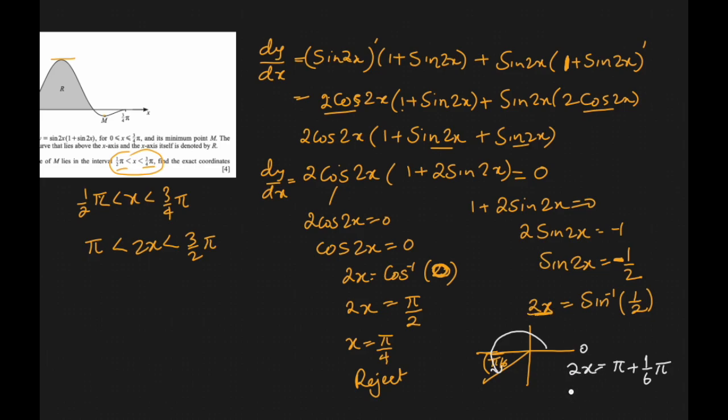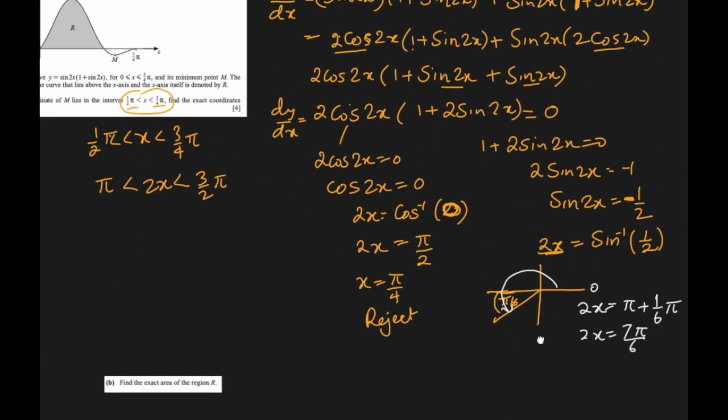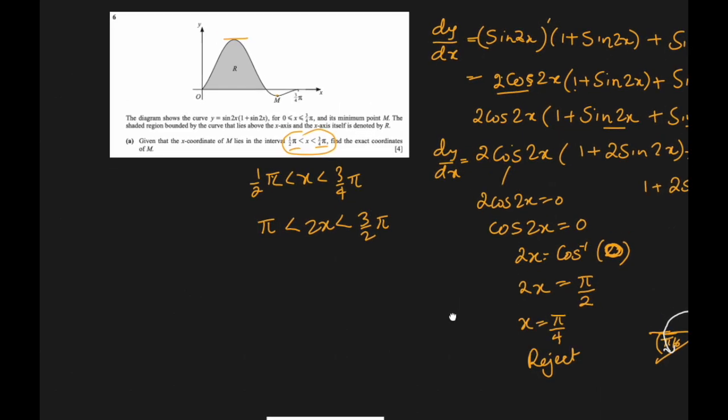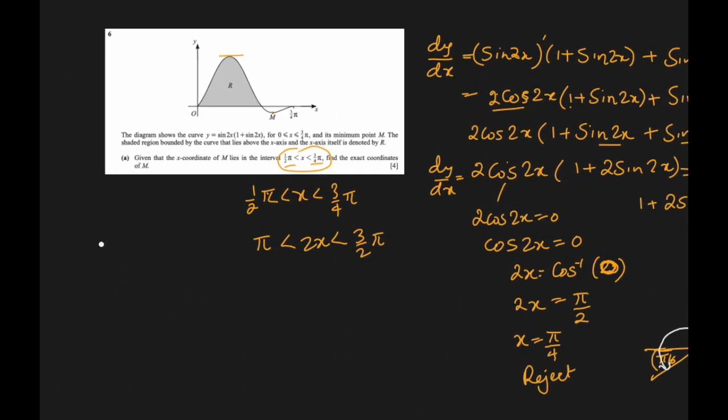So 2x equal to 7 pi over 6. And then we can get the final answer from here, which is x equal to 7 over 12 pi. This is the x coordinate of M.